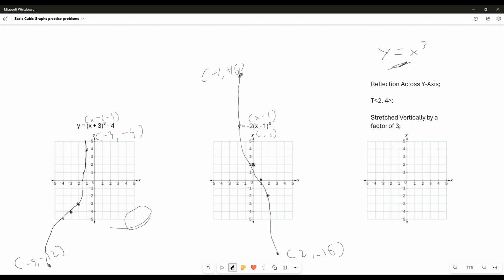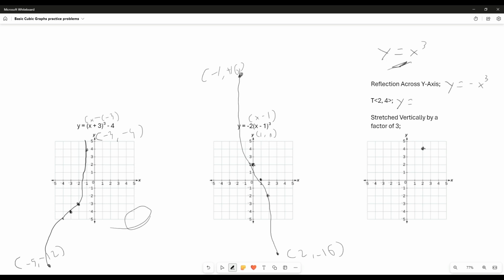So after reflection across the y-axis, right now our equation is y equals -x cubed. Now we have a translation, that's what this represents, of (2, 4). So that means that we're moving to the right 2 and up 4. So let's plot our point that we're moving to here. And then let's change our equation.